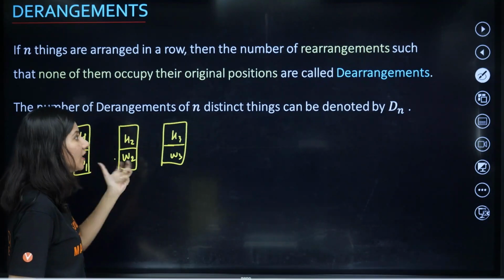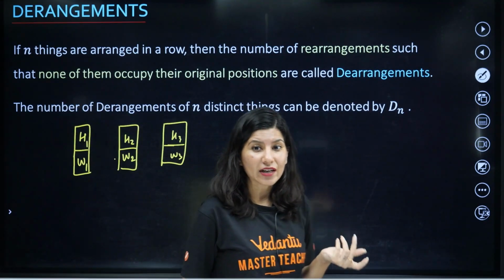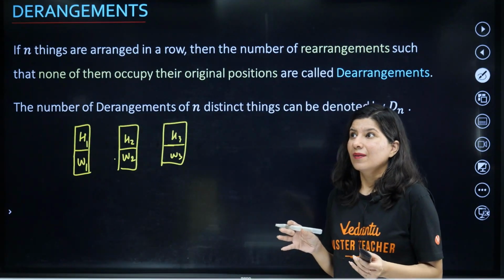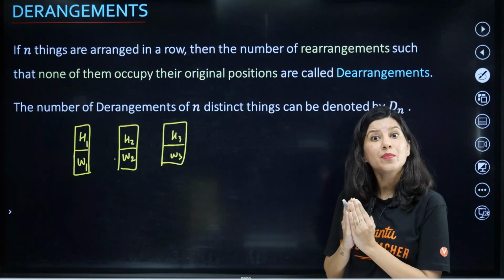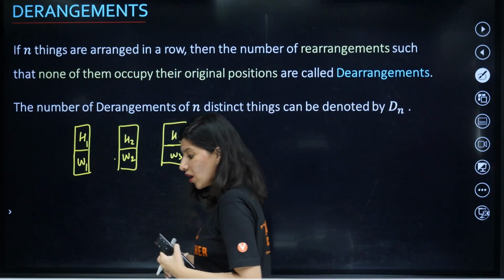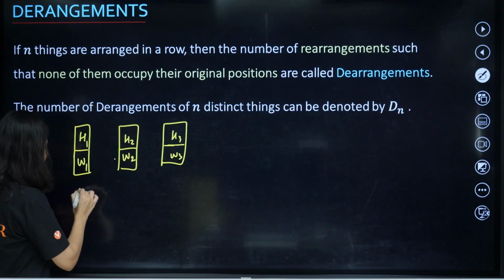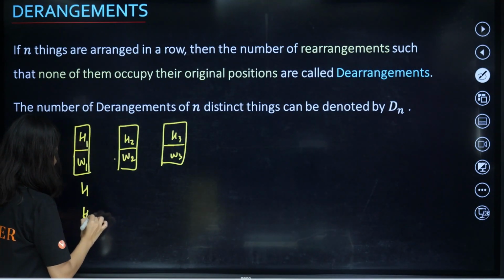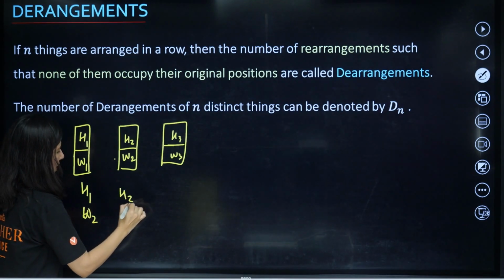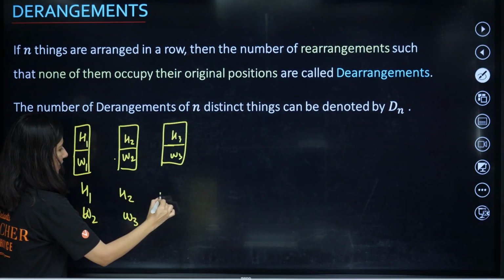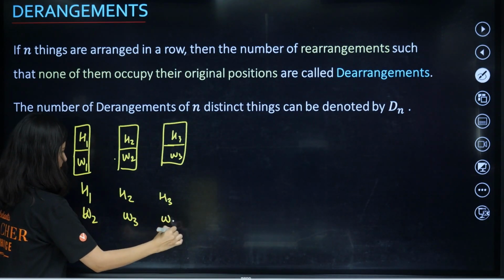Now we have to derange them in such a way that all the husbands and all the wives get separated. So how many ways can we do that? Basically, H1 and wife 2, H2 and wife 3, and H3 and wife 1.